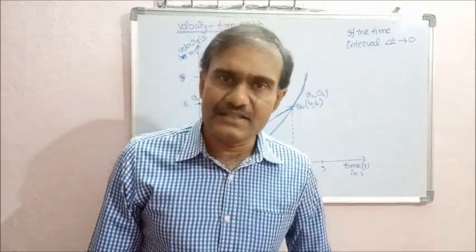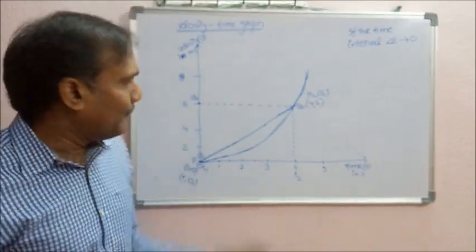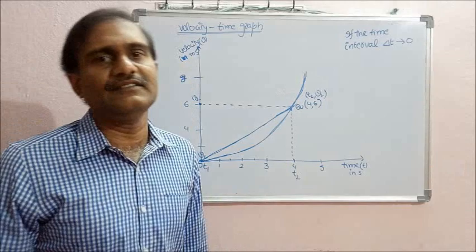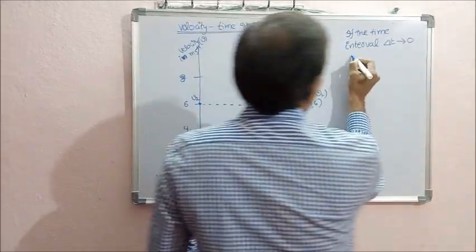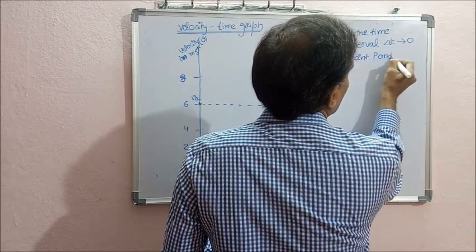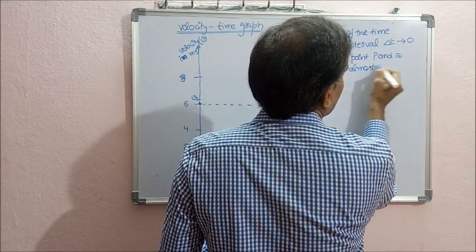Nothing but it tends to 0. If the time interval tends to 0, points P and Q almost coincide with each other.